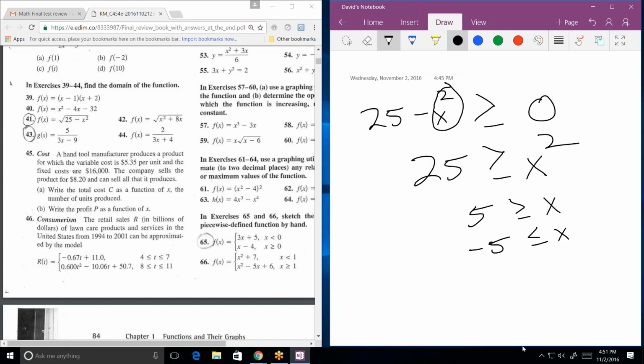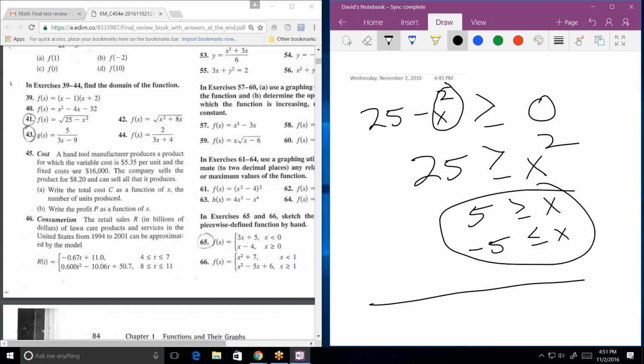If this was an equation, it would be x is equal to plus or minus 5. It's an inequality, so instead of being able to say x is less than or equal to plus or minus 5, for the minus you have to turn around the direction. And that's got to be the correct answer.